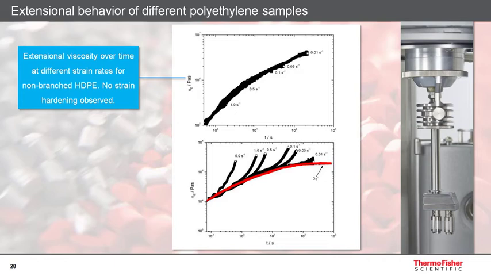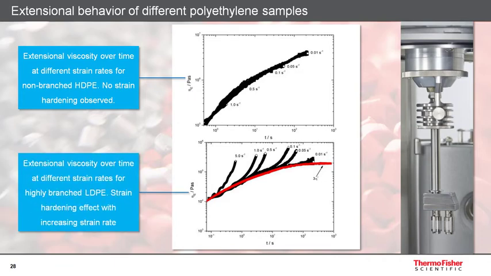No extensional hardening can be observed for this type of material. The lower plot shows the results of the same experiments performed with the highly branched, low-density polyethylene. For comparison, the red curve shows the transient shear viscosity multiplied by 3. This data was obtained from rotational step experiments.